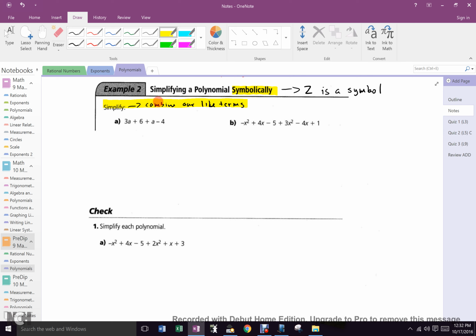You don't wake up in the morning and go, oh yeah, I gotta breathe. You don't do that. You don't sit there and go, oh yeah, heartbeat. It's automatic. That's how much or how far you have to get along with this concept of combining your like terms.